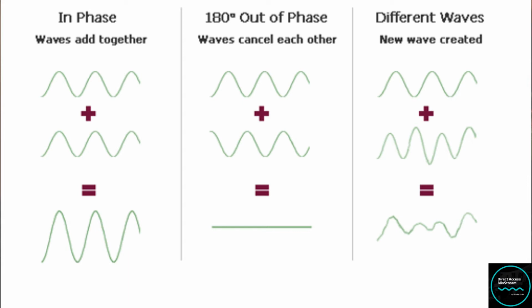Now, if it is 180 degrees out of phase, so if you go to any DAW, you have your phase polarity invert, or even on an analog mixer, you have the polarity phase switch. What it does is it flips the wave 180 degrees. So if you flip the wave 180 degrees, they cancel each other out. And what you get is 0. You get nothing.